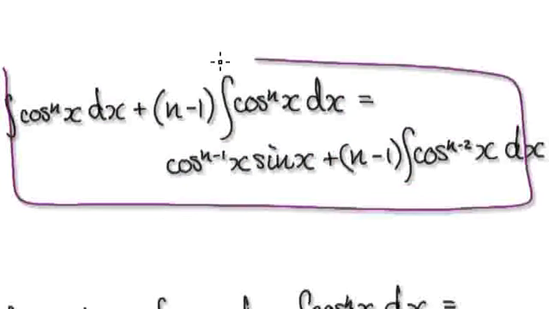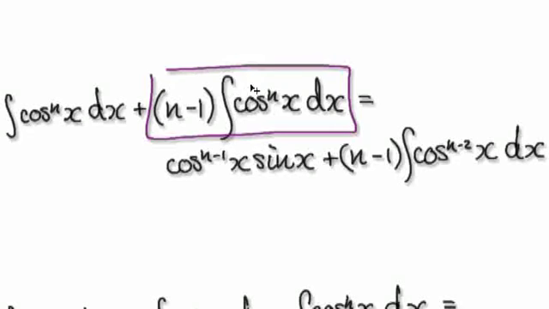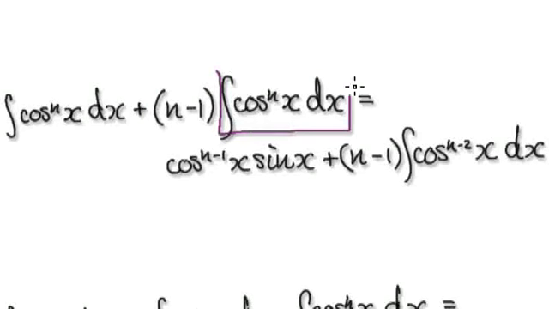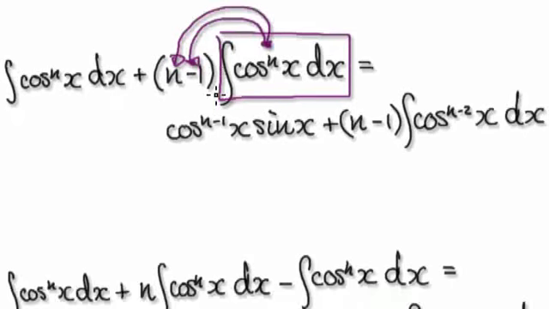Now let me think. Looking at this, you've got one block here, and then you've got times this block here. Now get this times this, and then this times this minus 1 here. So that will then give you this.